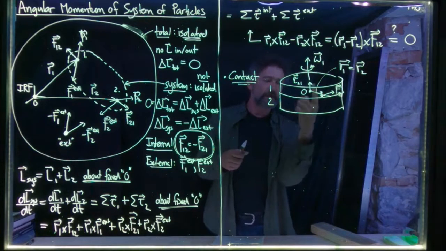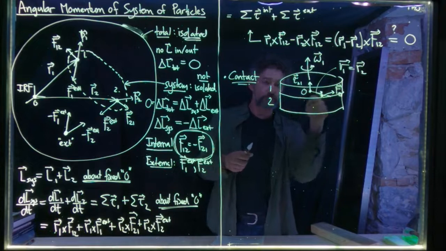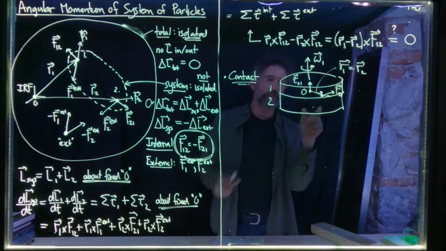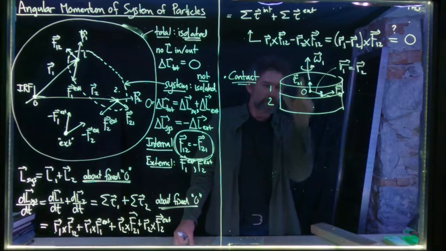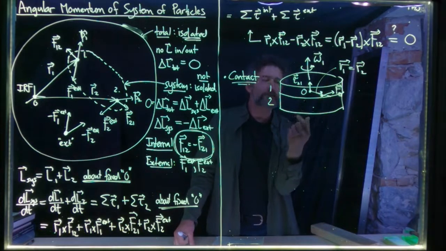Through frictional torques, these are frictional forces, F12 and F21 are frictional forces. So that frictional force is going to exert, looking down from the top, a counterclockwise torque on that bottom disk and make that bottom disk start spinning faster and faster. So in other words, it's transferring angular momentum to that bottom disk. And the rate of transfer of the angular momentum is the torque, tau 21. So the angular momentum that's being transferred is in the upward direction, which makes sense.